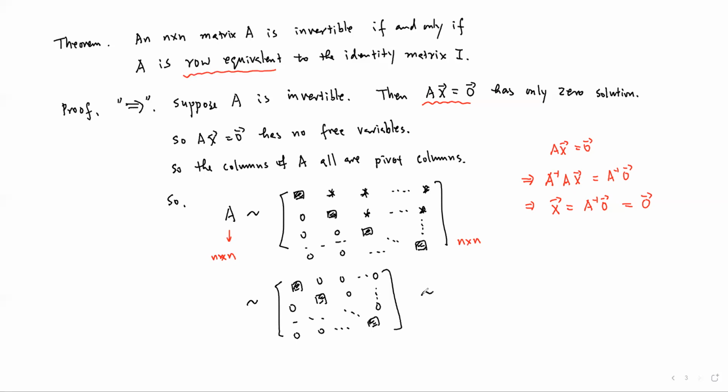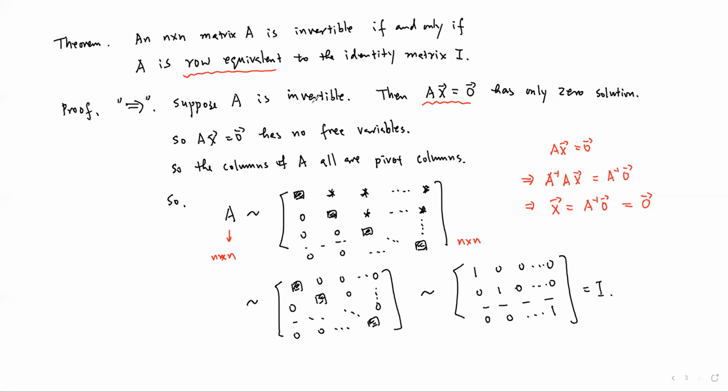Now, finally, scale each row. Then I get the identity matrix.